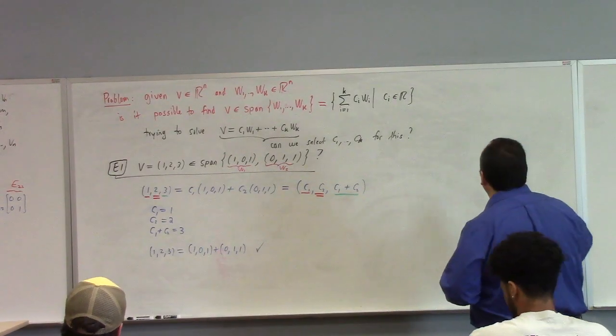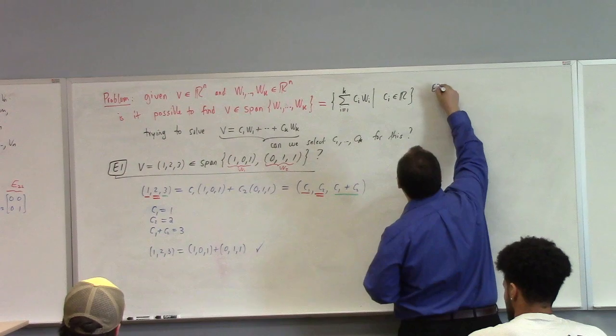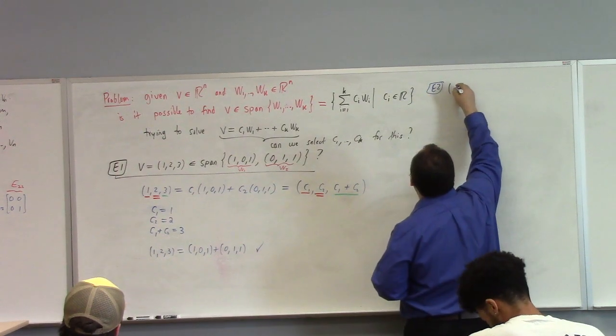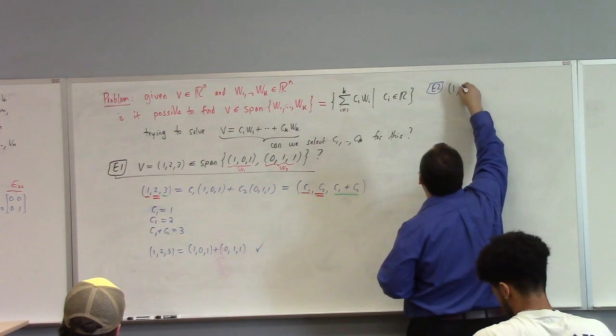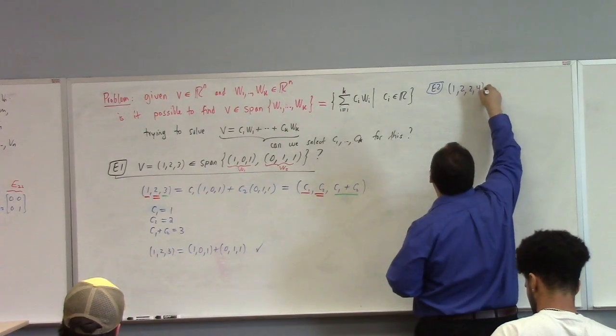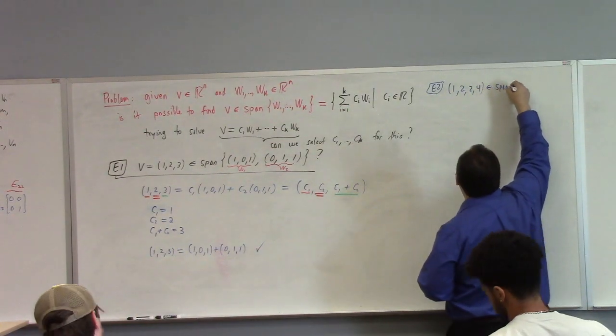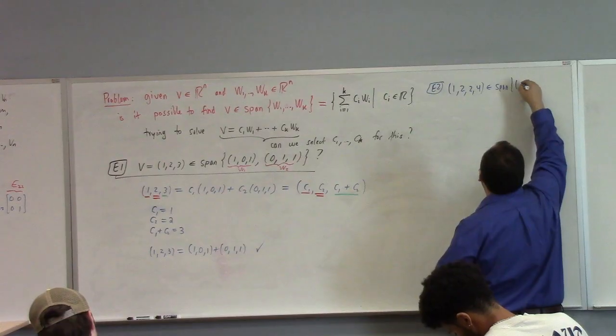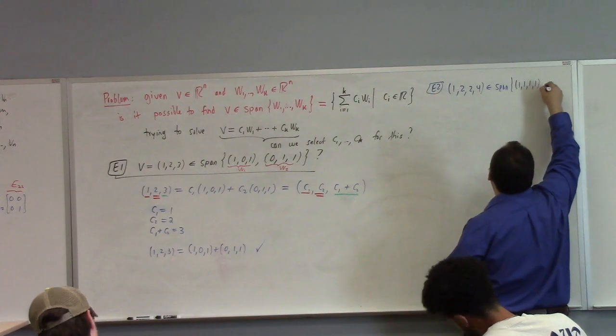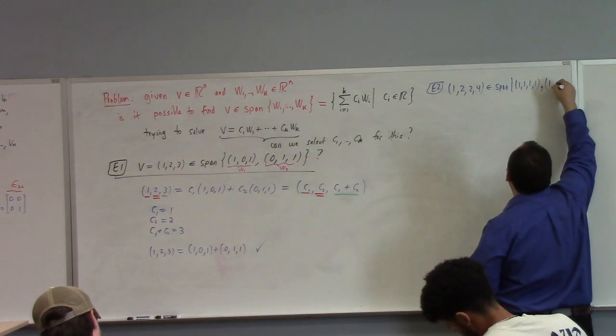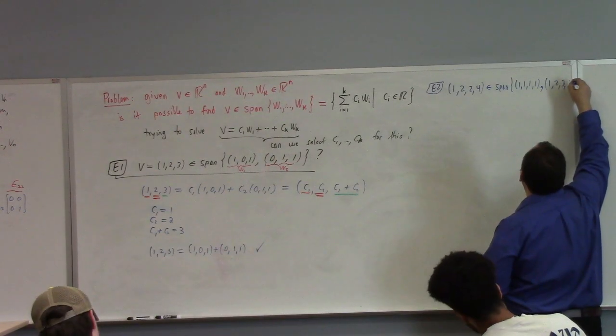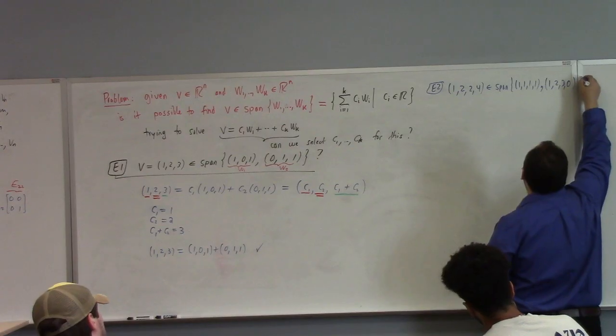All right, so example 2. We can ask: is (1, 2, 2, 4) in the span of (1, 1, 1, 1) and (1, 2, 3, 0)?